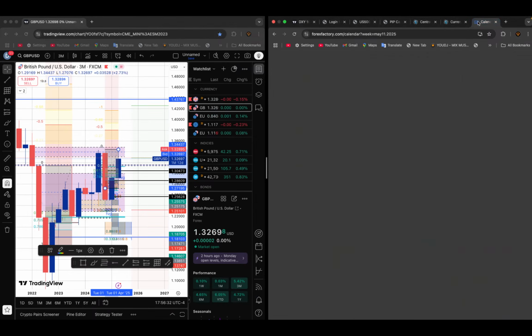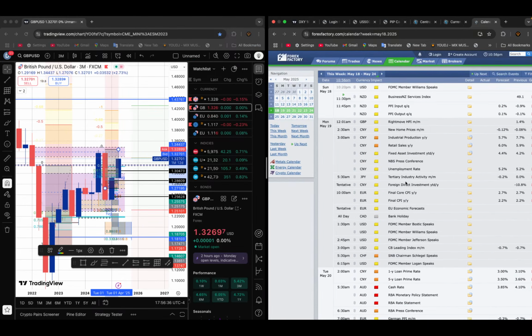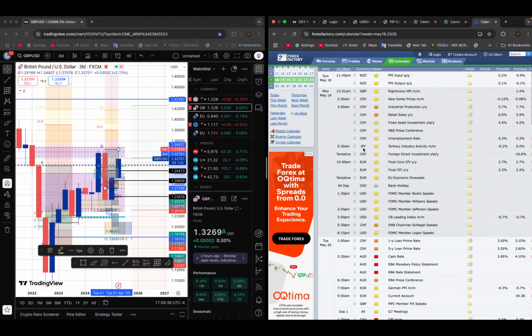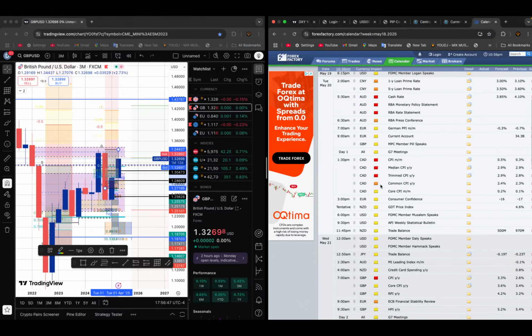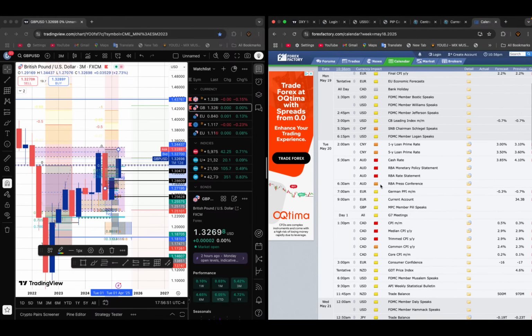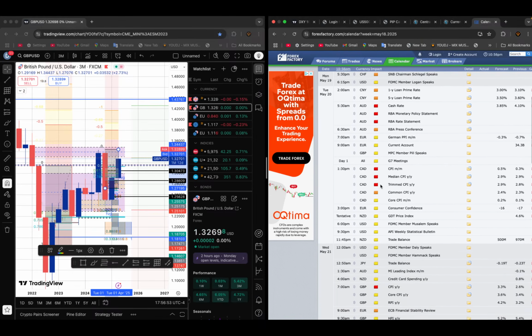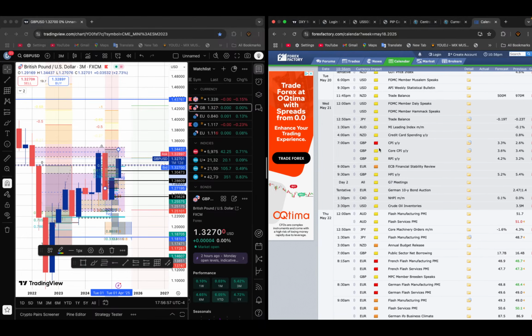Let's now focus on what days we should be looking at. So let's look at the news. Monday, there isn't much news. Tuesday, there's CAD CPI, nothing for USD, major news anyway. Wednesday, we've got pound CPI.